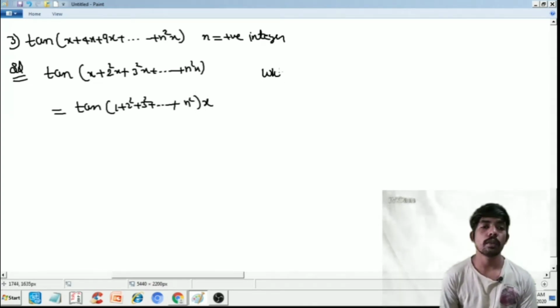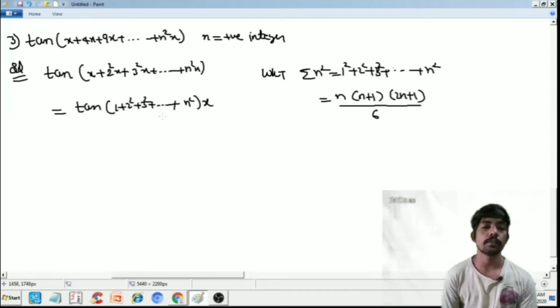We know one formula: the summation of n square, or 1 square plus 2 square plus 3 square plus and so on plus n square, is n into n plus 1 into 2n plus 1 by 6. This is the formula. Substitute it in place of that. Then you get tan of n into n plus 1 into 2n plus 1 by 6 into x.